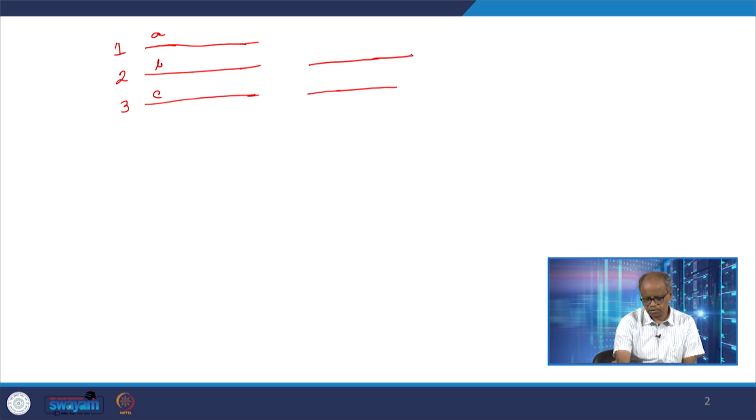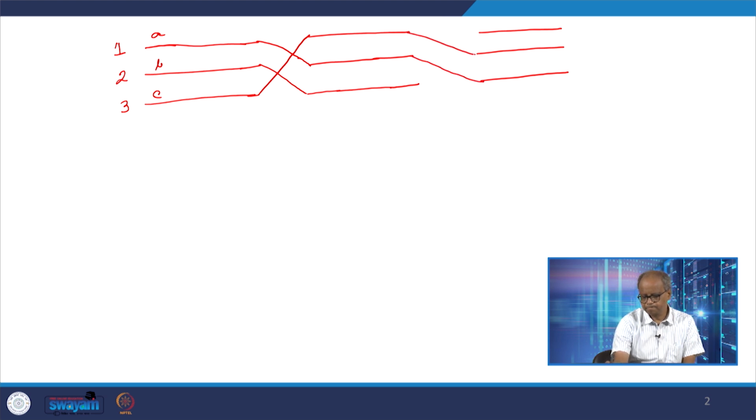For example, this phase A comes here, this phase B conductor comes here, phase C conductor goes there, and then phase A comes here, phase B comes here, phase C comes here.